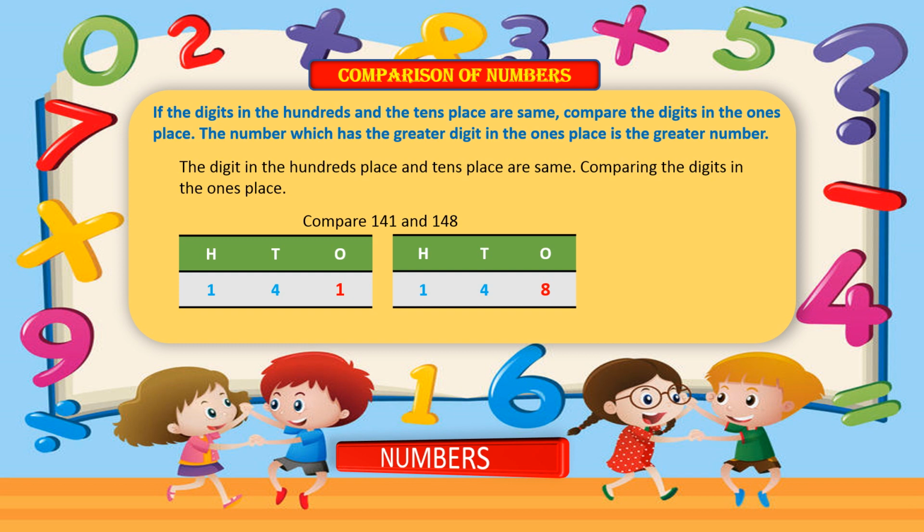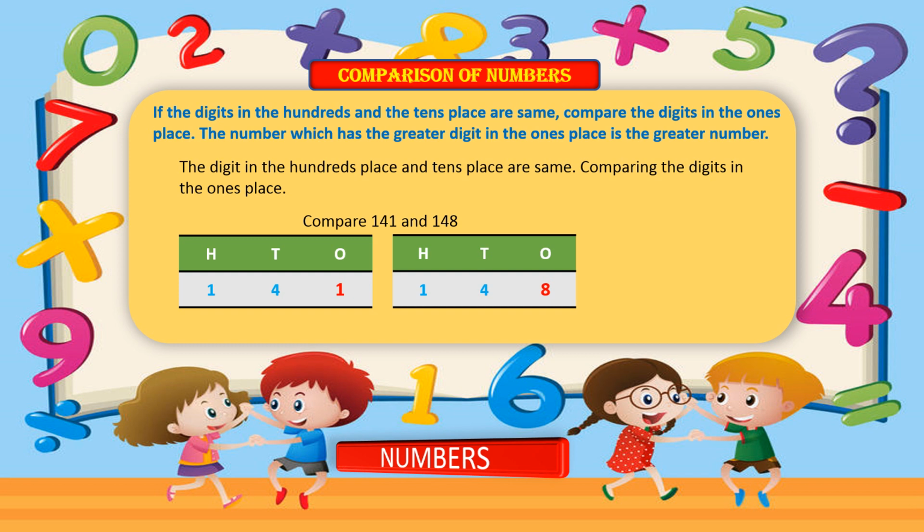If the digits in the hundreds and the tens place are the same, compare the digit in the ones place. The number which has the greater digit in the ones place is the greater number. For example, compare the numbers 141 and 148. Here the digits in the hundreds place and tens place are the same.